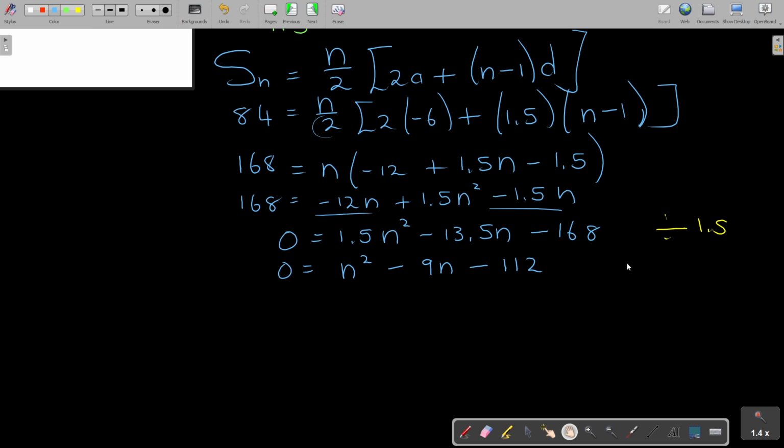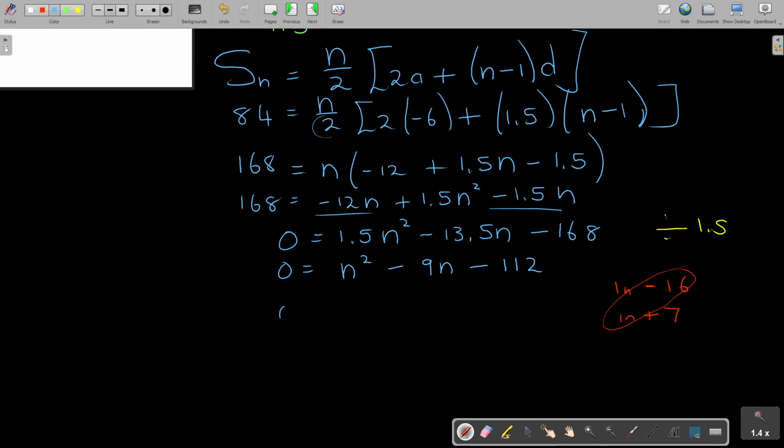So the factorization is a bit challenging: 16 and 7, 1 and 1. Because 16 minus 7 will be 9. The biggest one over the cross product will get a negative, plus a positive n.